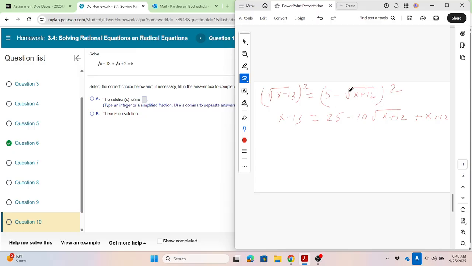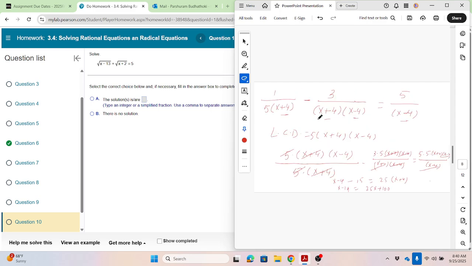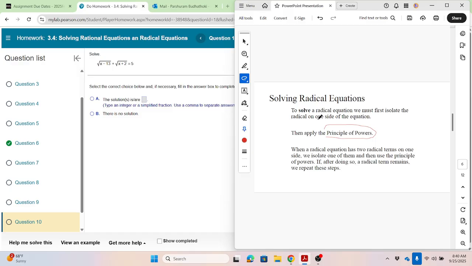If you just square it, meaning if you multiply 5 minus square root of x plus 12 by itself, this is what you are going to get. Now, if you go back to the rule, it says when a radical equation has two radical terms on one side, we isolate one of them and then use the principle of powers. That's what we did. If after doing so a radical term remains, we repeat these steps.